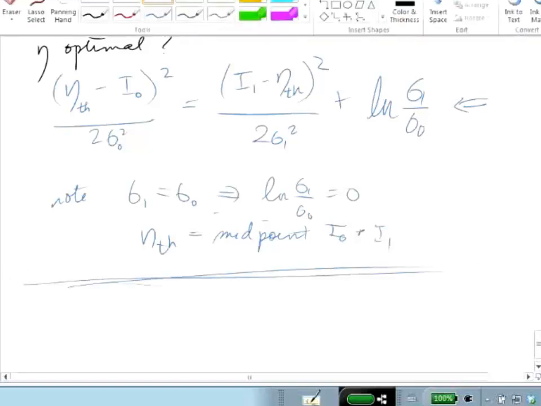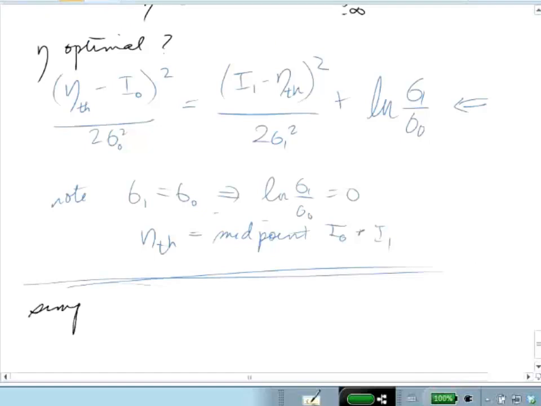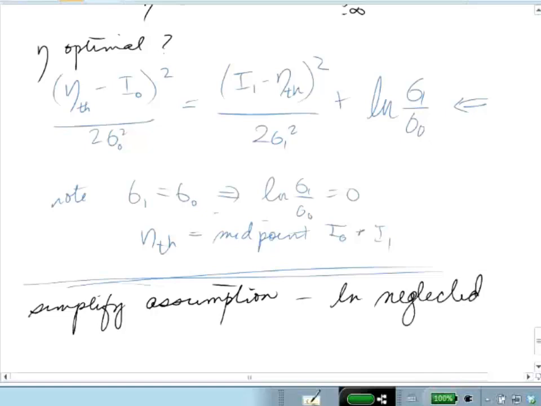So now we'll make one of our simplifying assumptions, and that is that the logarithm can be neglected. Now, in this case, it still will not be the midpoint, because the midpoint was also due to the denominators being equal, that symmetry, which will not be the case now.